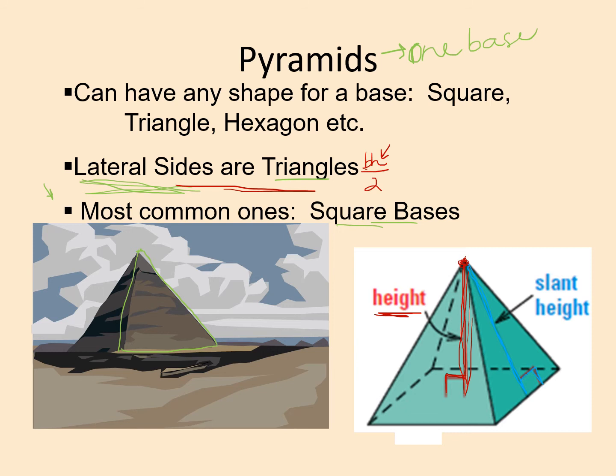So it's still creating that 90-degree angle you're seeing here, but again, it's a slanted height because it's talking about the height that's on the surface of one of our lateral sides, okay? So that's one of our new vocab words that you're going to want to focus on. The slant height again goes from the tip of our pyramid to the center of one of our sides of our pyramids, okay? So as we kind of work with that, that's maybe a little bit confusing, but we're going to need that as we jump forward and talk about this formula.